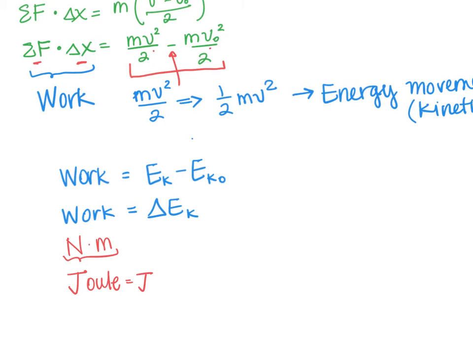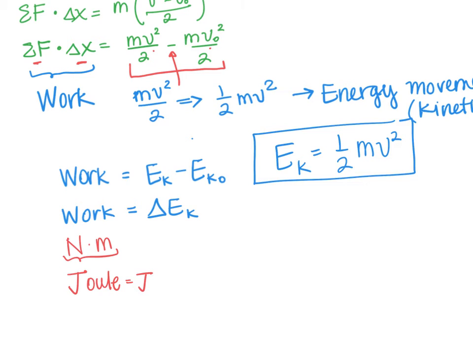And so that is our unit for energy as well. So our energy stored in the motion of an object can be calculated by 1/2 mv squared. That's very important.